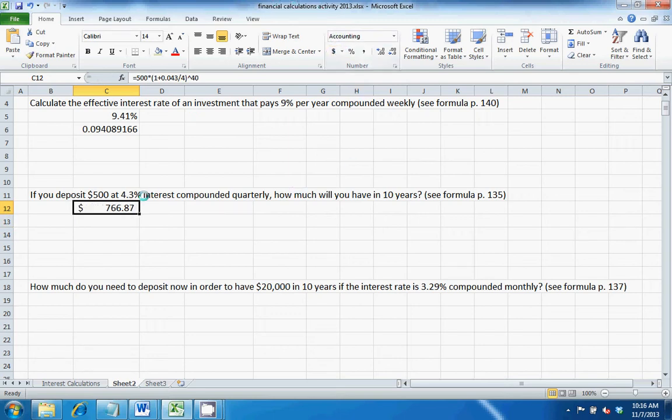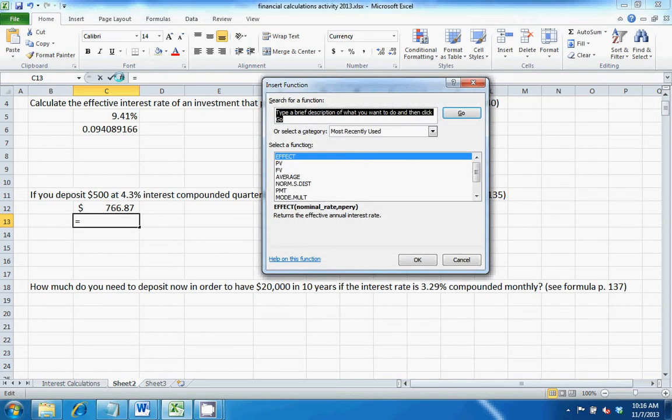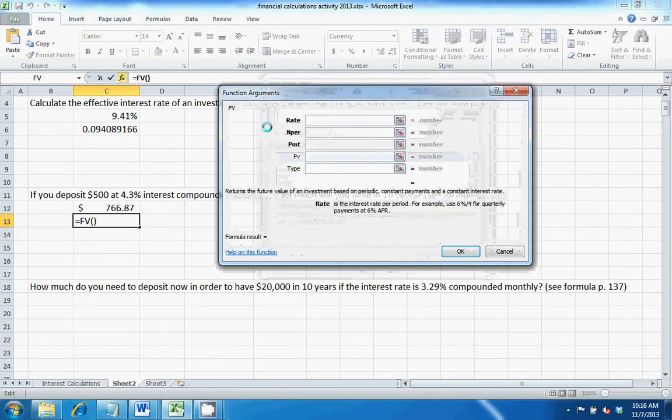Now to use the Excel function, we're going to look for the FV. So that's the future value formula. Our rate is 4.3%, or you can type in 0.043, but then you have to divide it by the number of periods. And you can see that down here at the bottom.